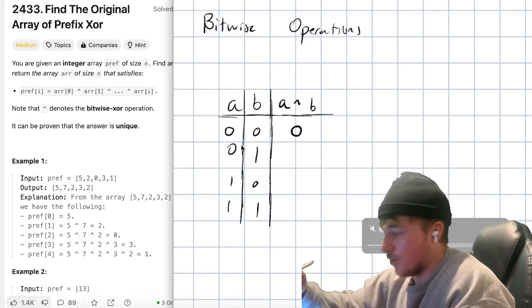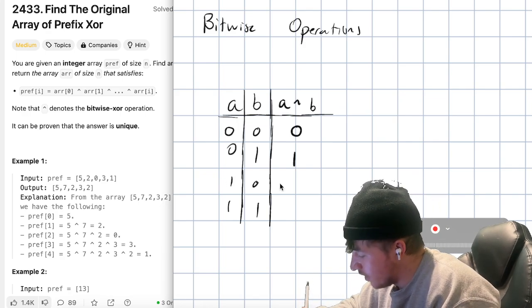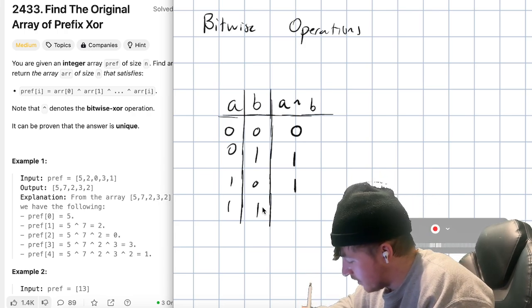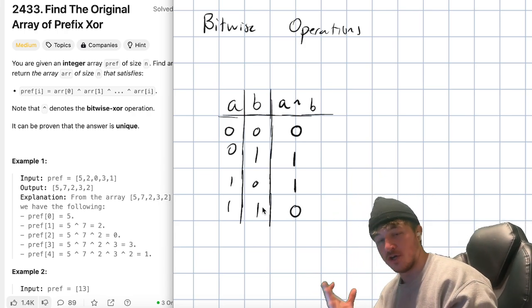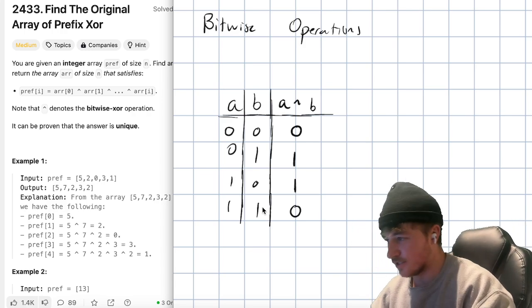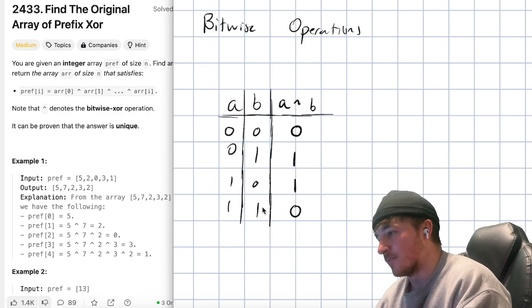Yeah, one of them is true, not both of them. Is one of them true, but not both of them? Yes. Is one of them true, but not both of them? No, because they're both true, right? So the idea of XOR is one can be true or the other can be true, but not both of them can be true. Okay. So this is the simple XOR table for A or B.